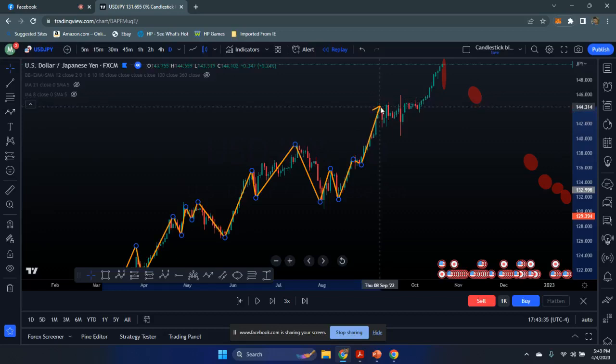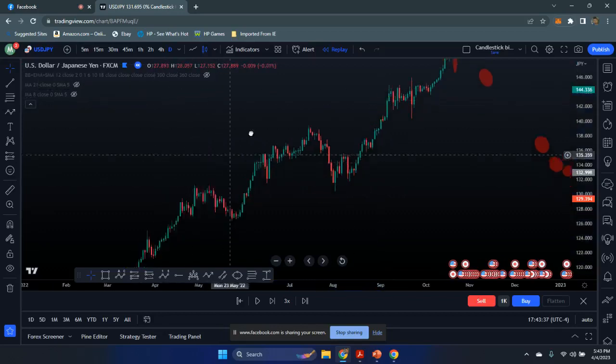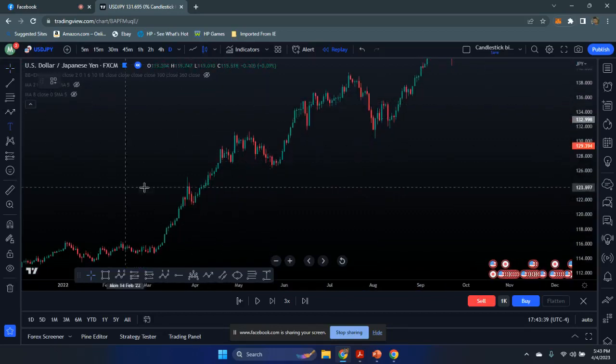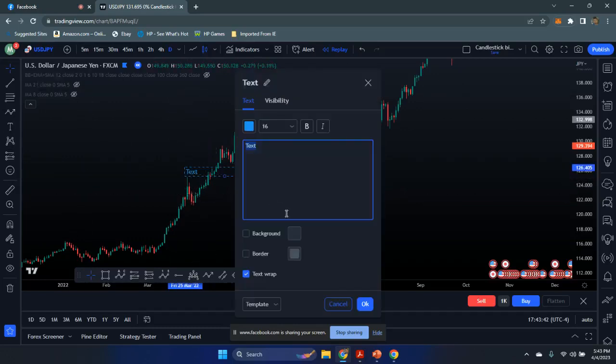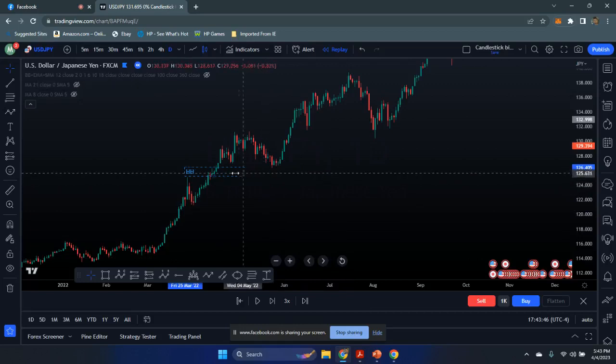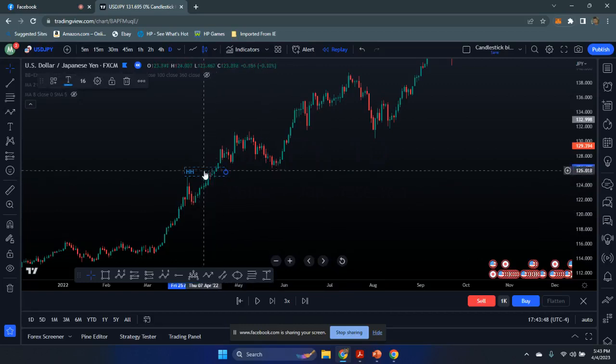We get the picture. Higher highs and higher lows are being formed. If we need to take it up a notch, and if we need to highlight it, we can.